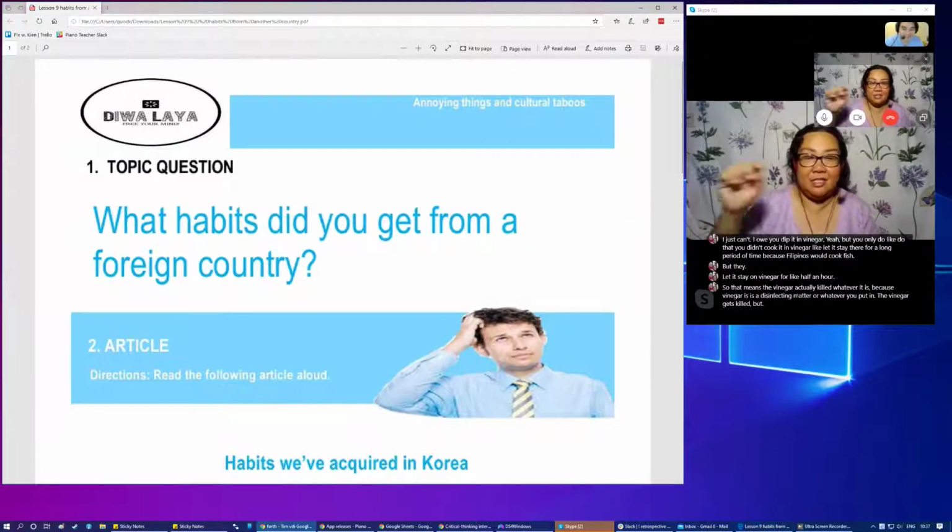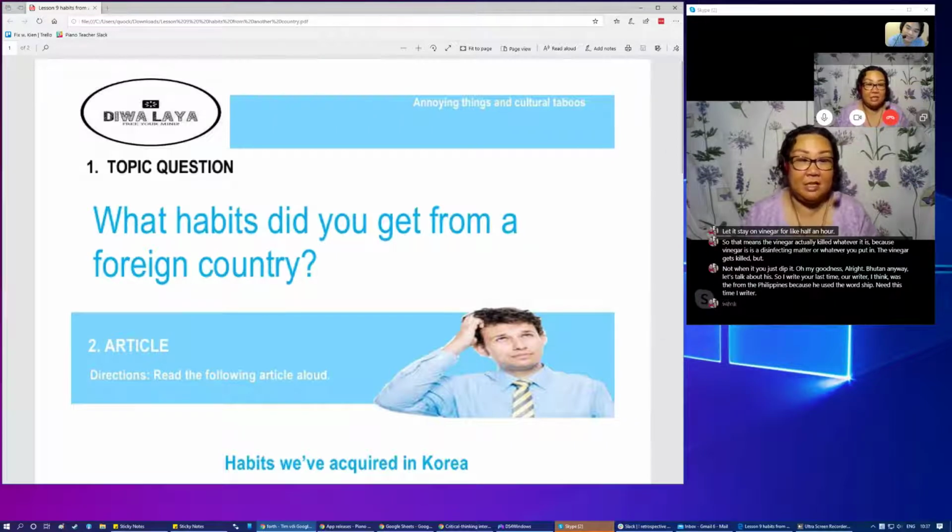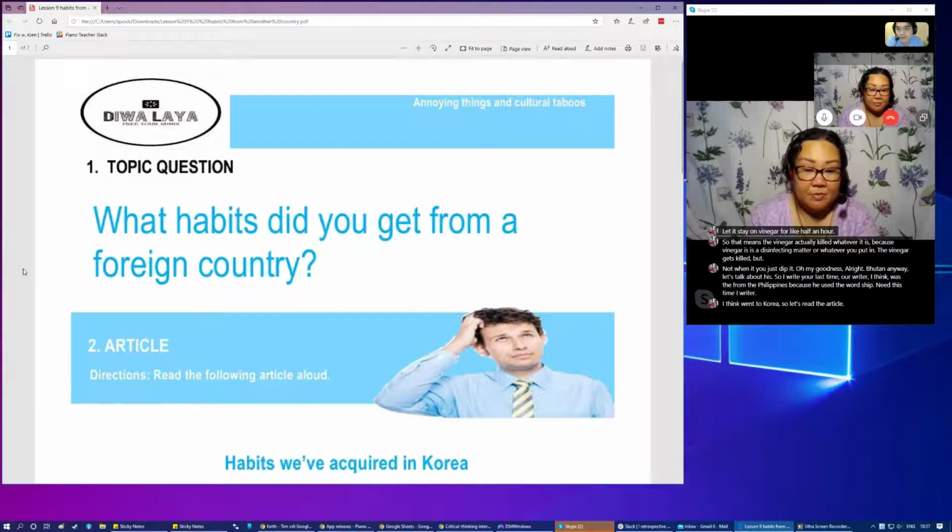But not when you just dip it. Oh my goodness. All right, but then anyway, let's talk about this. Our writer last time was, I think, from the Philippines because he used the word chipney. This time our writer, I think, went to Korea. So let's read the article. Okay. What habits did you get from a foreign country?